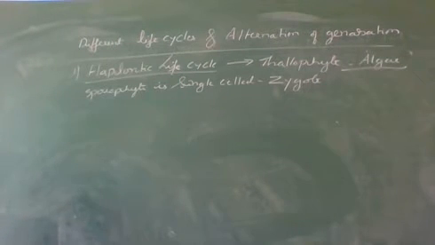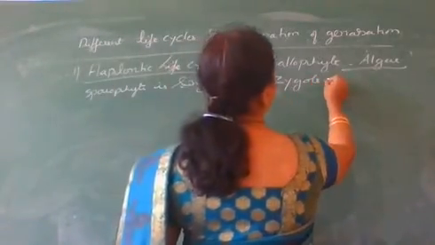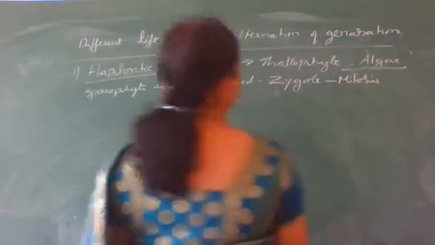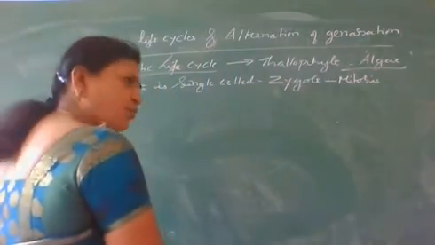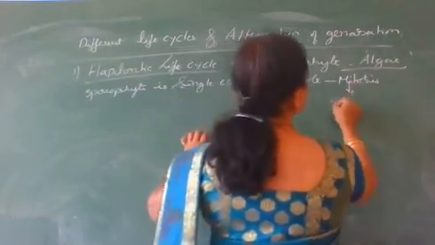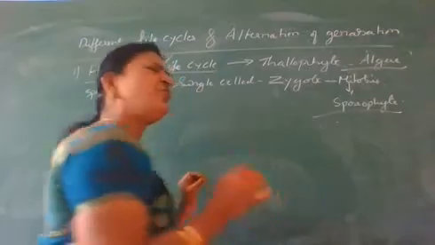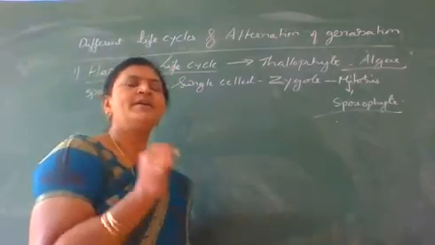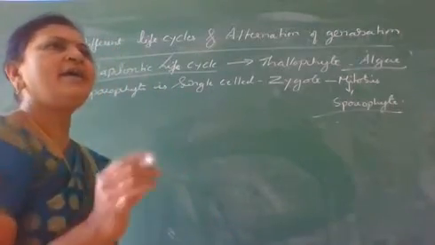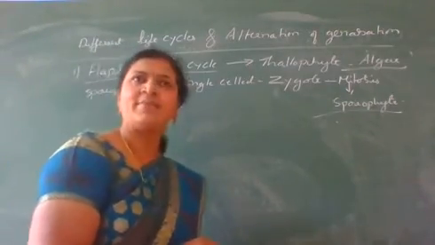And this zygote now undergoes mitosis. The zygote is a single celled one that undergoes mitosis to form the sporophyte, and this sporophytic generation is very short-lived, that is single celled form, and it always depends on the gametophyte.